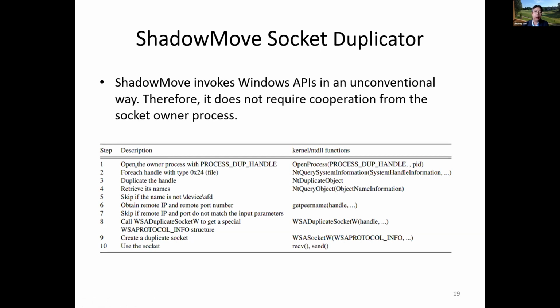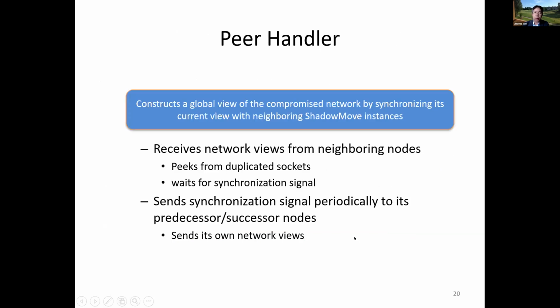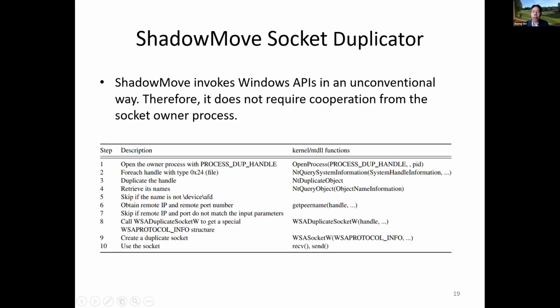This is step 2 all the way to step 7, basically recognizing which handle is the socket. After that, the malware can call WSADuplicateSocket itself using that handle, get the WSAPROTOCOL_INFO structure, and then invoke WSASocketW on itself to get a functional socket. After that, you can use receive and send as normal.